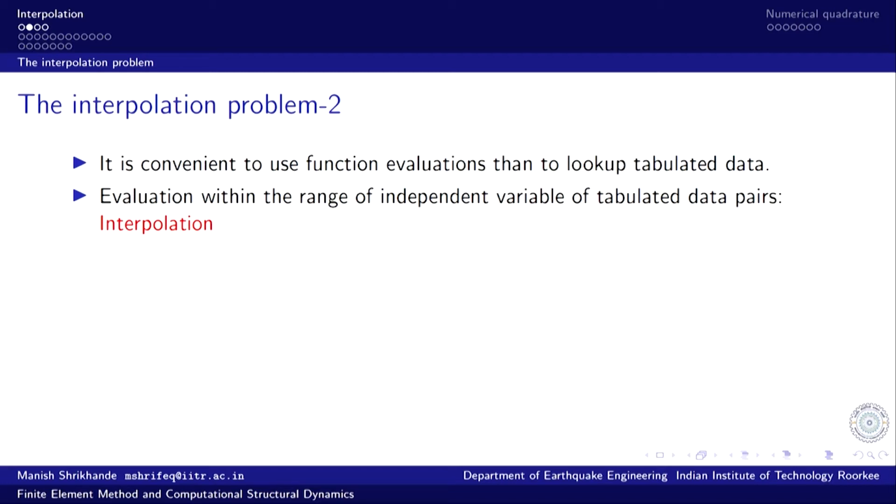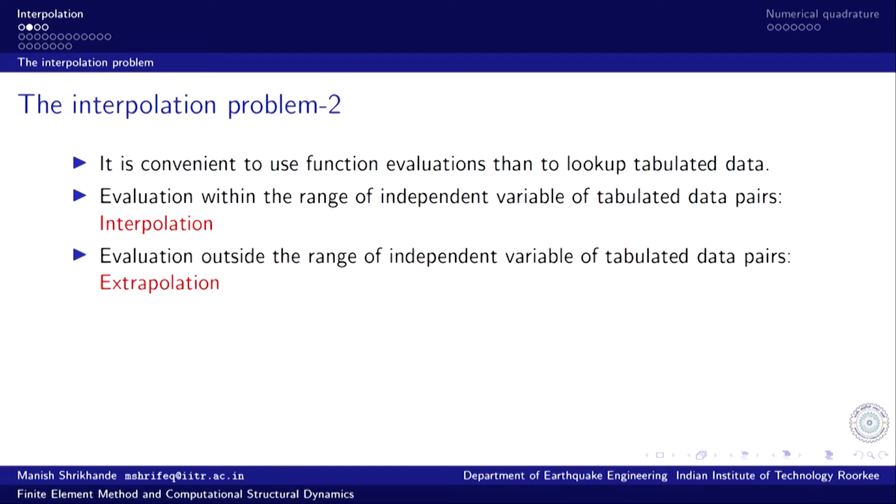And if we try to evaluate the function outside the range of the tabulated pairs of data, then that process is called extrapolation. The function is still the same; it is a matter of whether we are evaluating the function within the range of data that has been provided, then it is called interpolation, and if we evaluate the function beyond the range of specified data, then it is called extrapolation.